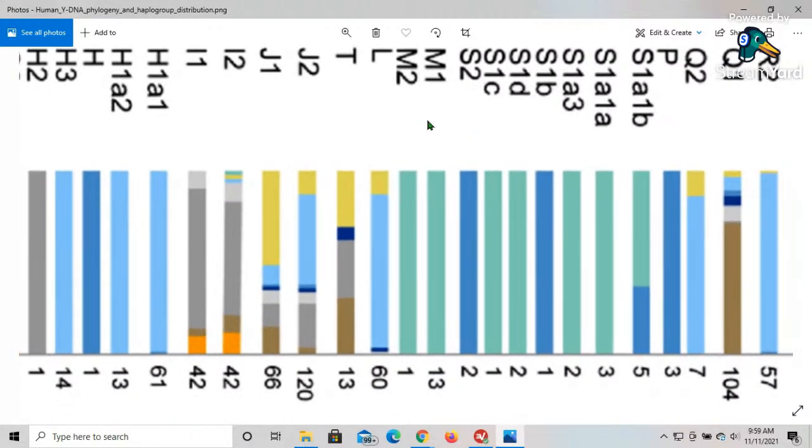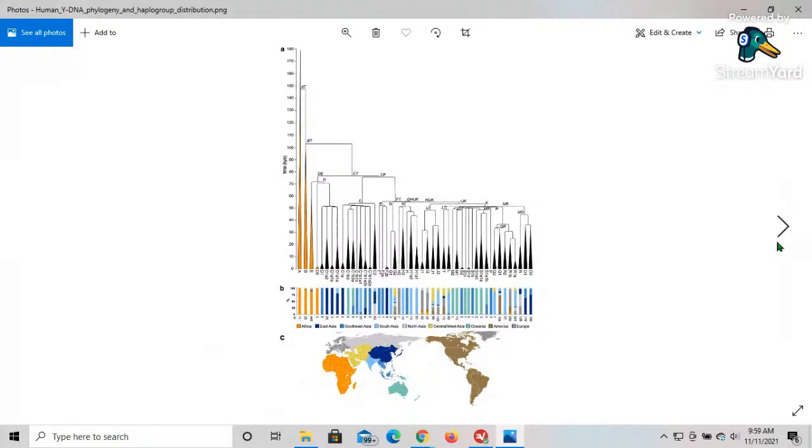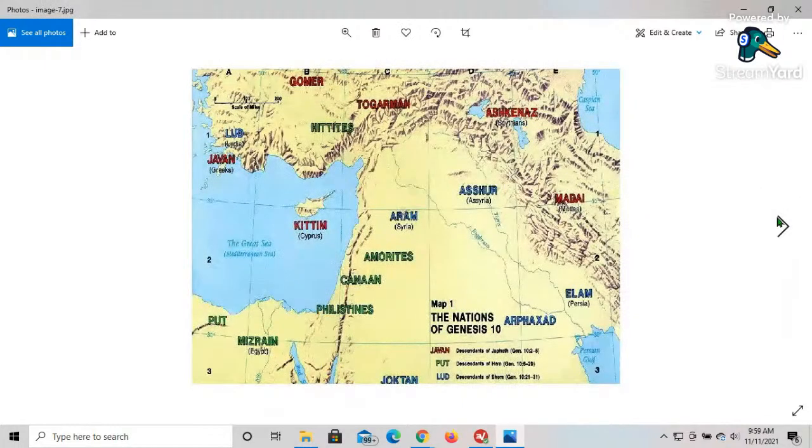Anyway, I was harping on that. So there we have it. Phoenicians, of course, were in this area. The later Phoenicians, early Phoenicians are Put, descendants of Put, North Africans. And so Javan, of course, is a T. Asher is the G. And of course, the I and the J are Israel and Judah.